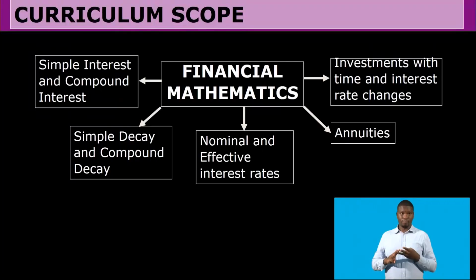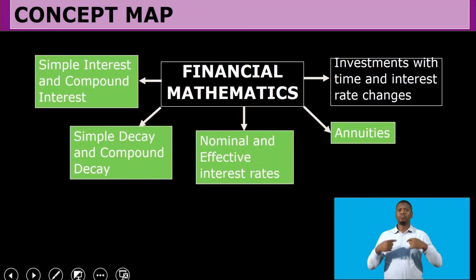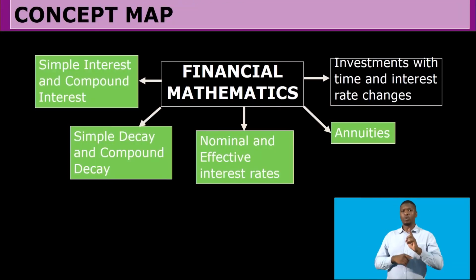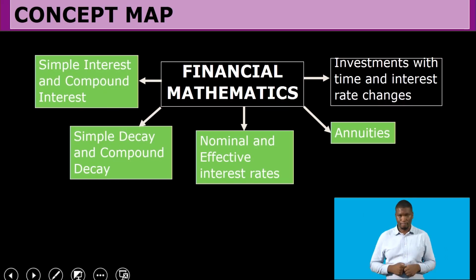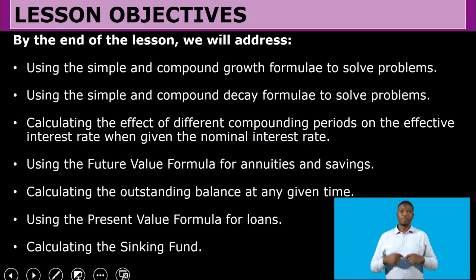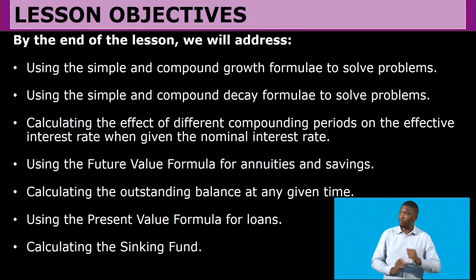So we know that when it comes to financial mathematics, these are the concepts that are worked around when it comes to mathematics. But for this lesson, we are just going to focus on these four concepts. Let's look at what we are going to address by the end of this lesson.